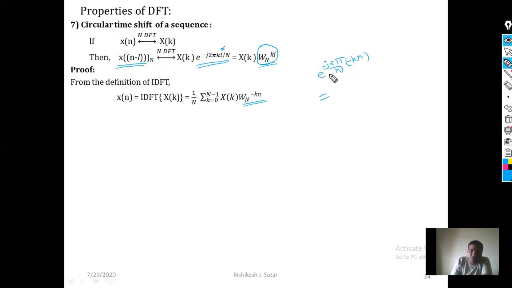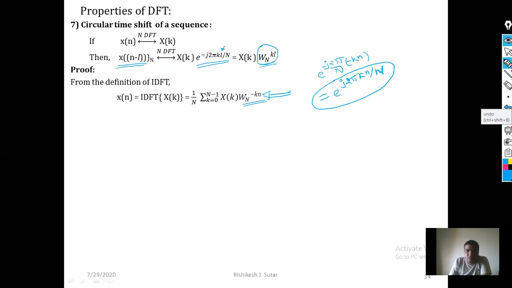If you solve it further, then e raised to this minus will become plus, so we say 2 pi kn divided by N. Okay, so ultimately we got the IDFT expression here, which we learned.